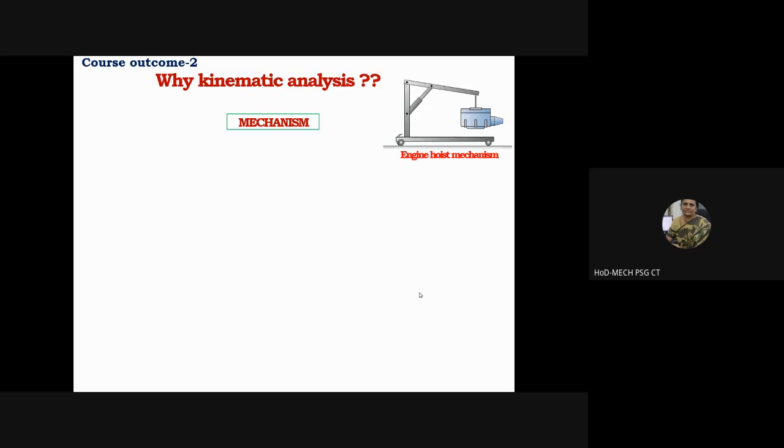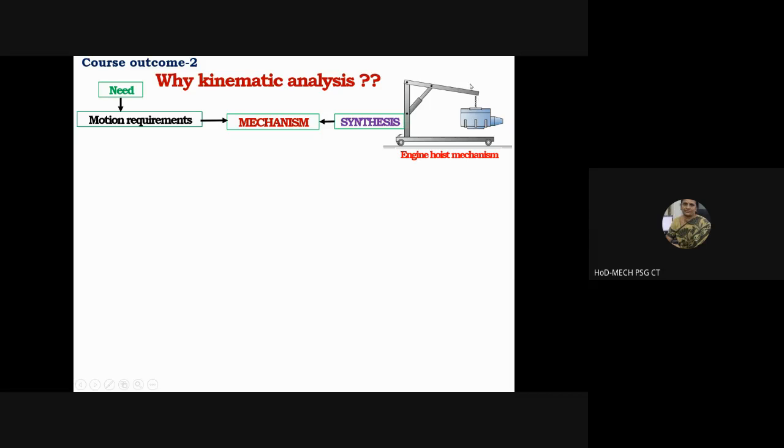Why kinematic analysis? For any product to be designed, for example, suppose I need a mechanism like this, a hoisting mechanism, we need to design the various elements. There is motion involved at different locations.